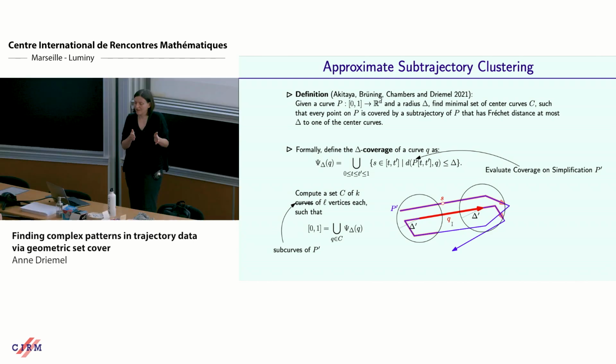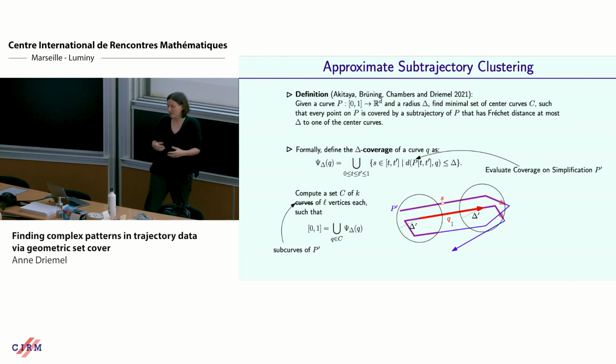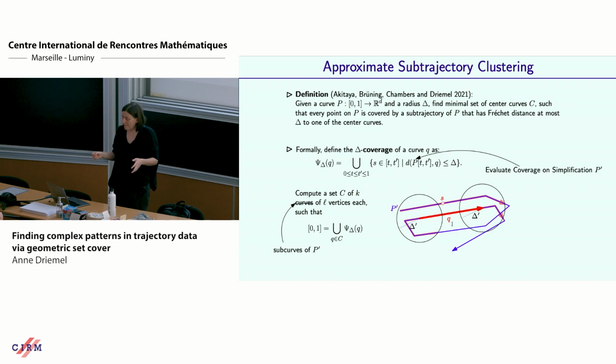I'm not going to go into much detail of why this works, but this gives a bicriteria approximation. We only lose some constant approximation factors if we do that. Actually, we also just need to look at sub-edges of the center of our curve to get an approximate clustering.